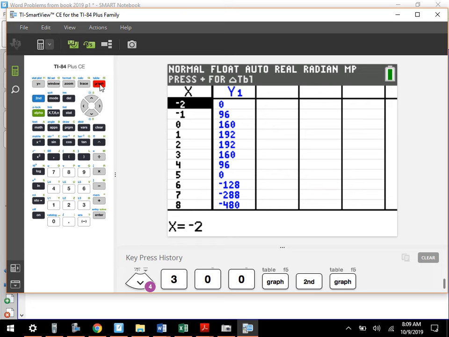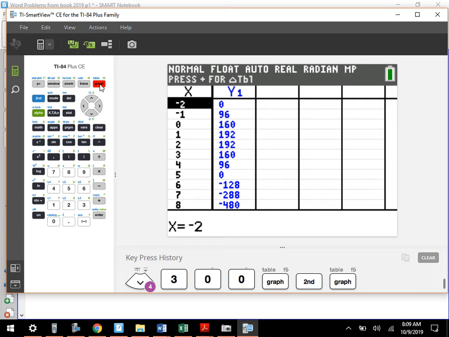If not, then if it jumps between positive and negative between two numbers, you know it's somewhere in between, and you know where to start fishing for it when you're doing your left and right boundaries. So here, I can use my table quicker and say, oh, after 5 seconds it hits the ground.